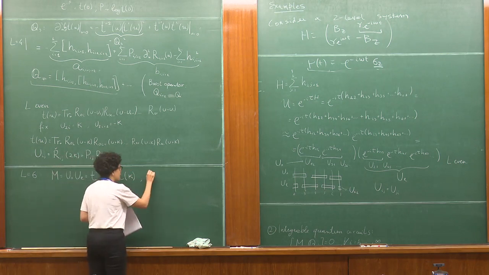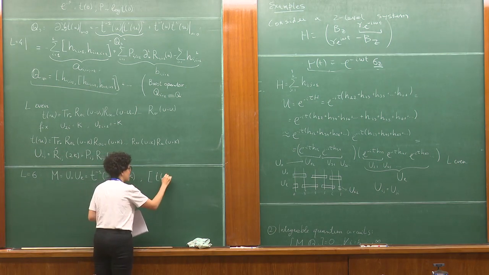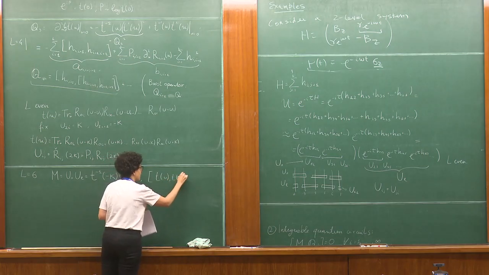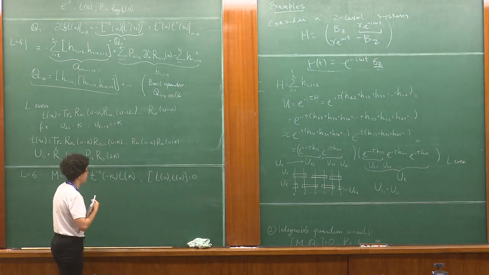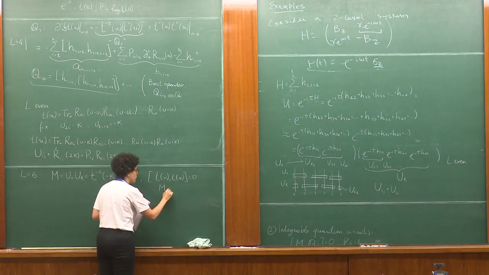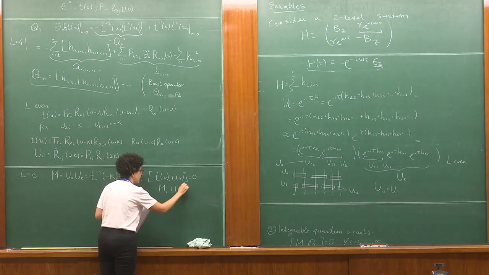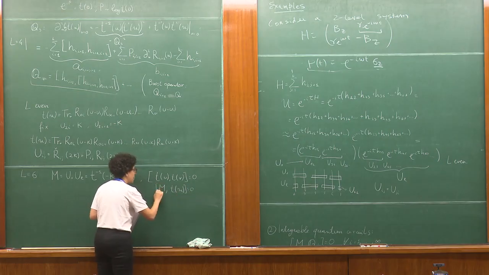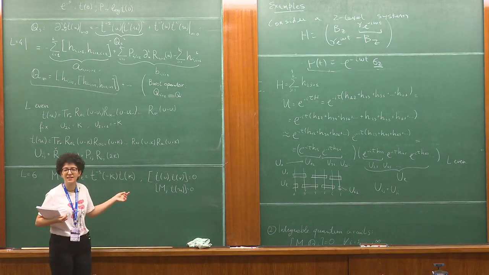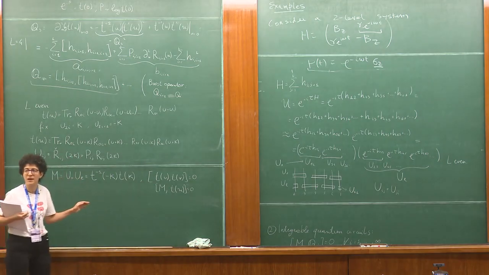Since we know that the transfer matrices T(U), T(V) commute, we also know that M commutes with T(U), the commutator equals 0. And then we are happy because we constructed a circuit with infinitely many conserved operators.